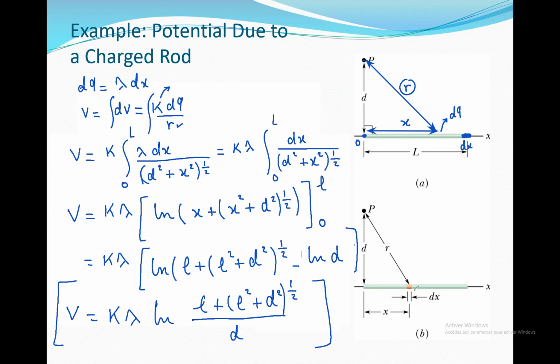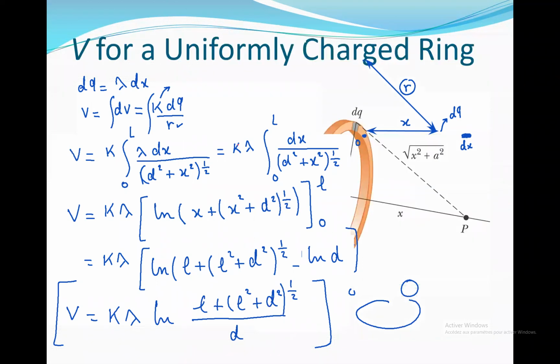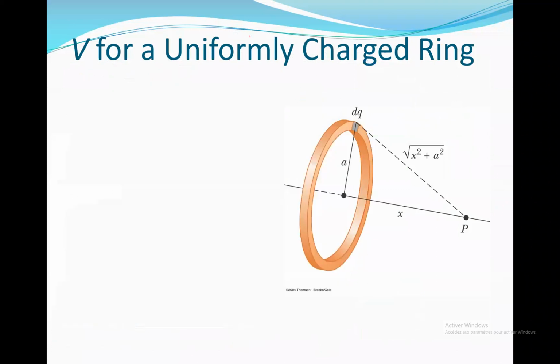Okay, look here, I explain. You take dx, x is a position from O to dq, and so on. Okay, this is the first example. Let me take an example for lambda, but we can take the rod as a ring. Okay, this one.